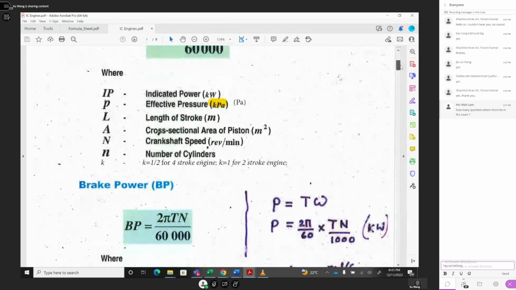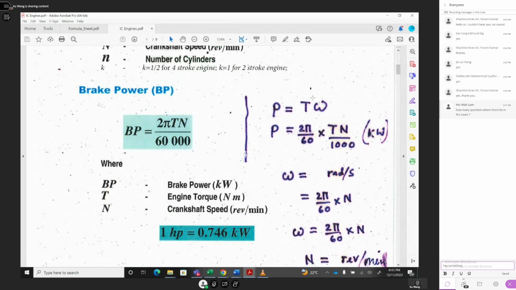For brake power, the developed power equals torque multiplied by omega. This is in standard SI units: Newton-meters and radians per second. But in real life we use RPM, revolutions per minute. In 1 revolution there are 2 pi radians, and per minute is 60 seconds.